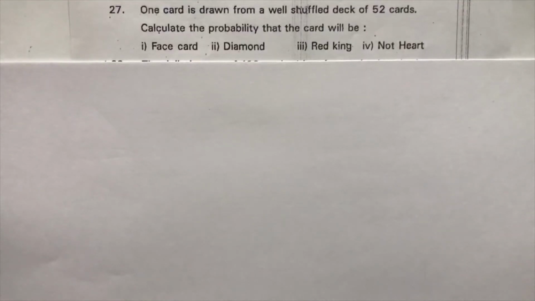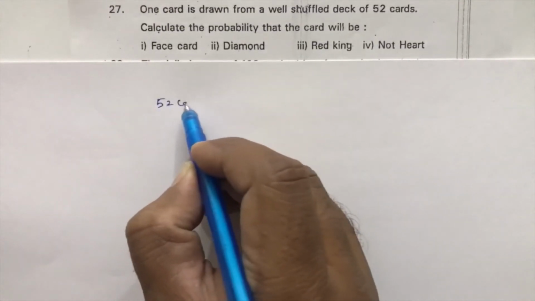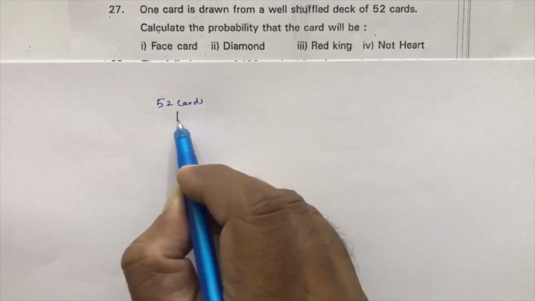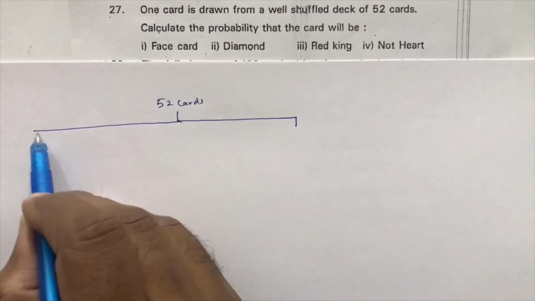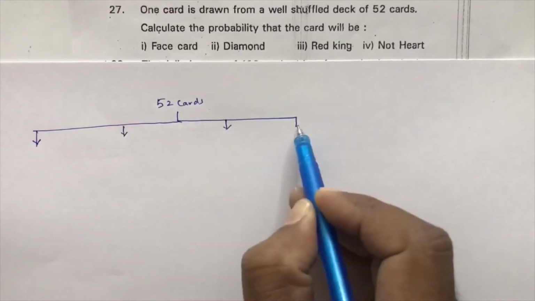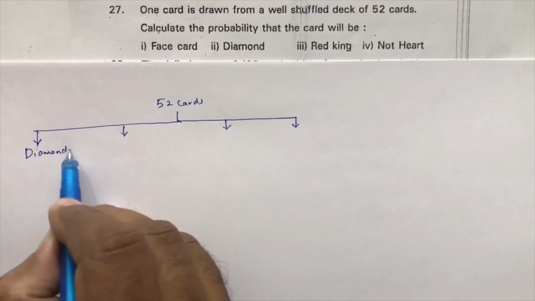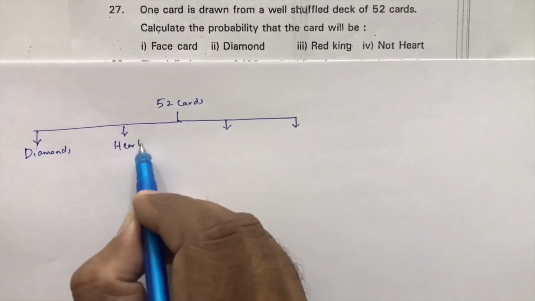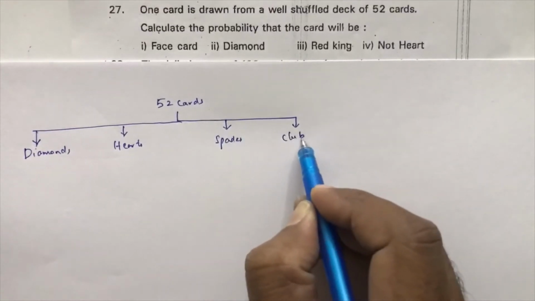One card is drawn from a well shuffled deck of 52 cards. Calculate the probability that the card will be. First, I'll write all the outcomes: 52 cards, divided into 4 suits: diamonds, hearts, spades, and clubs.